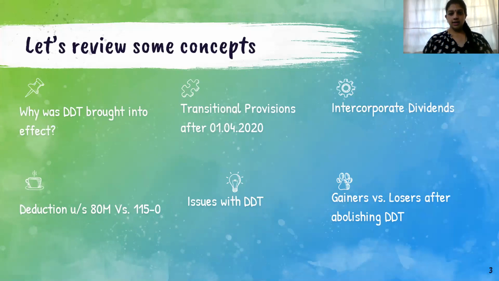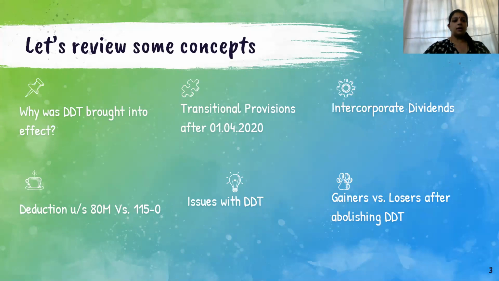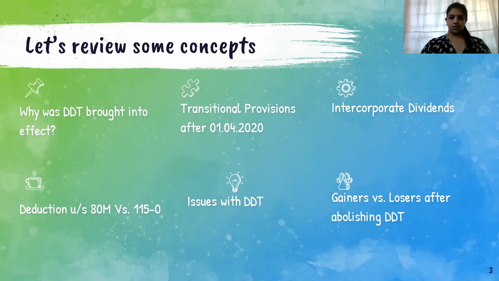So now that the DDT has been abolished with effect from 1/4/2020, here are the topics I would like to view in the coming presentation. Why was DDT brought into effect in the first place? Through Finance Act 2003. Transitional provisions after 1/4/2020, intercorporate dividends, and the deduction available now post abolition of DDT under Chapter 6A under Section 80M, and the benefit of 115O, which was available with the DDT being in effect during the past years.